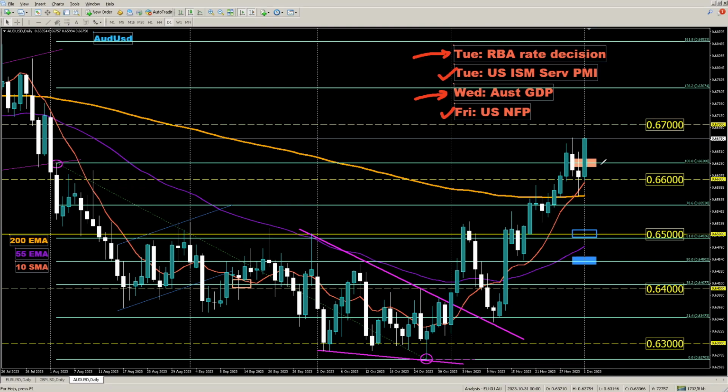So it looks similar to the cable, but with a stronger pullback and a bounce off the daily 200 EMA, and climb targeting the 67 now. It's cleared the 66 round figure already. It was this recent swing high.